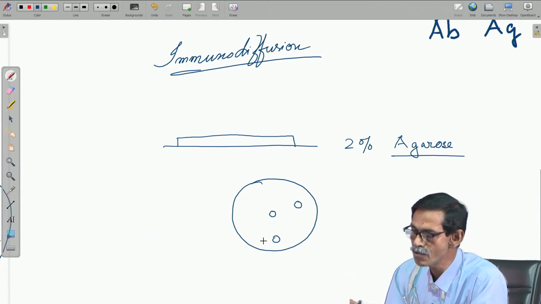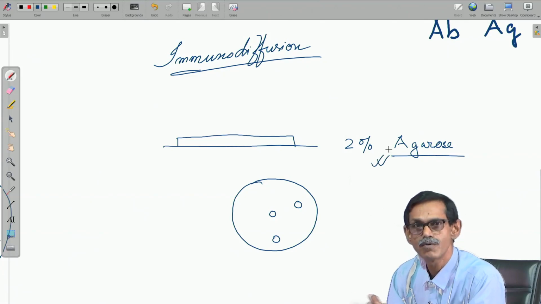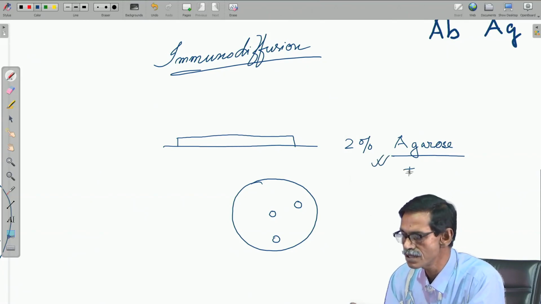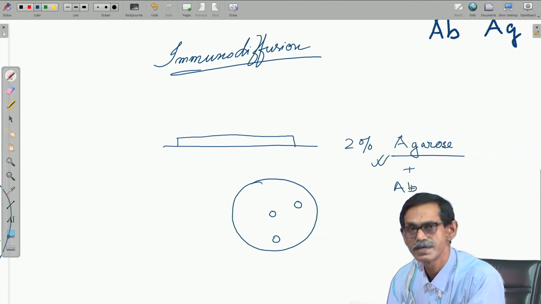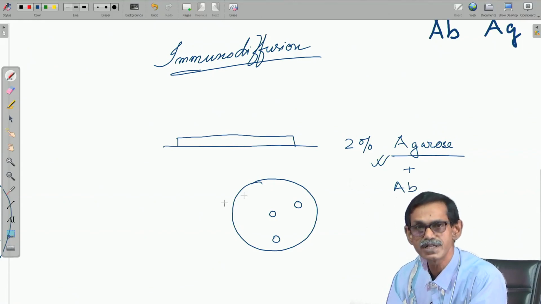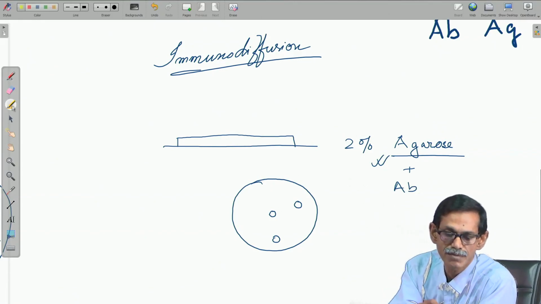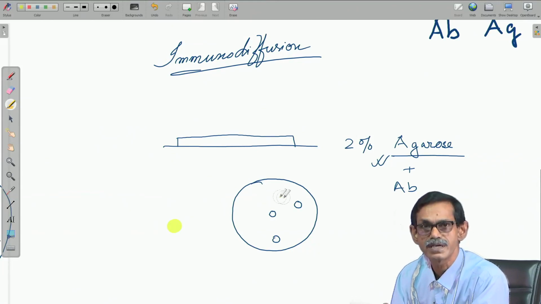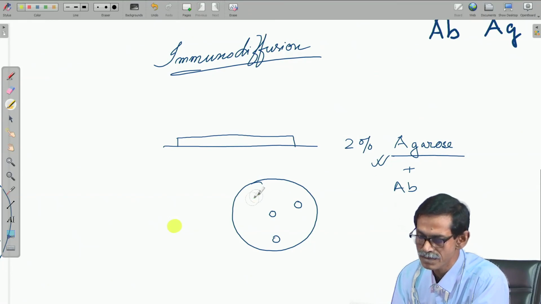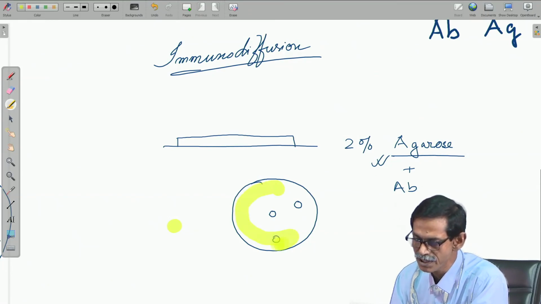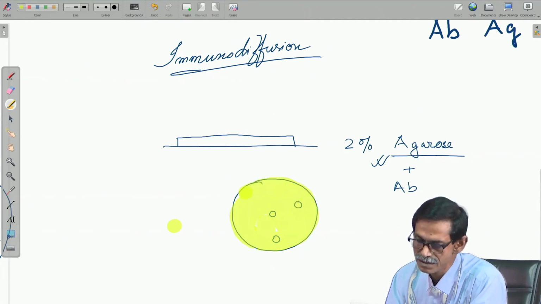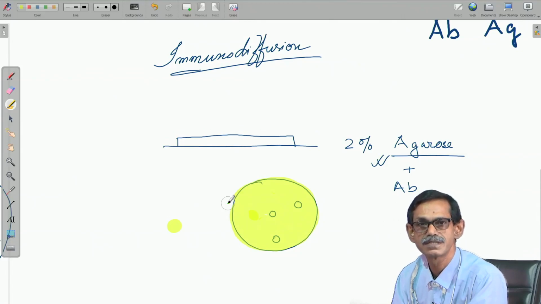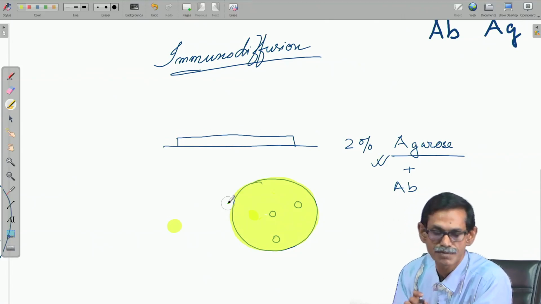While you are pouring this agarose, you can mix in your antibody. That means your antibody is everywhere. If this is the plate, the antibody is everywhere, though definitely you cannot see it because it is not visible.